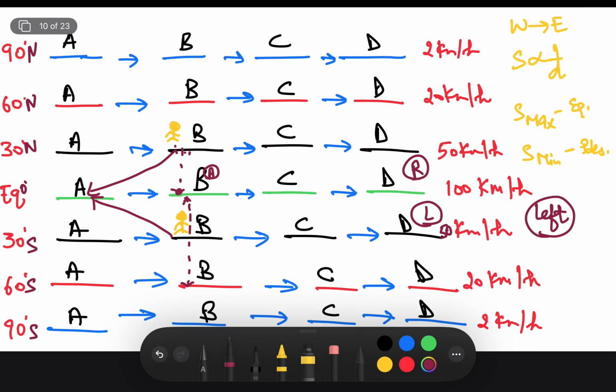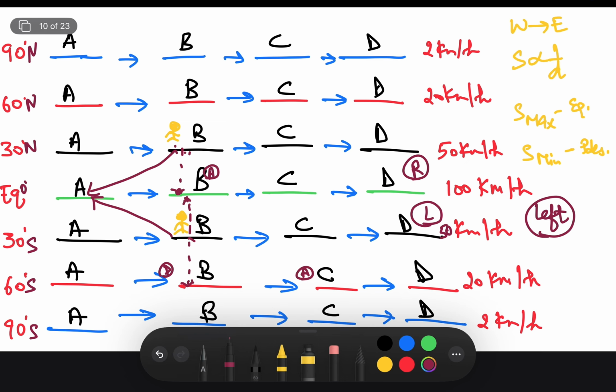So when his speed is reducing, instead of reaching upon the B place, he will reach on this place, because the earth will rotate on its axis. So instead of reaching upon B, that area will be occupied by the D place.